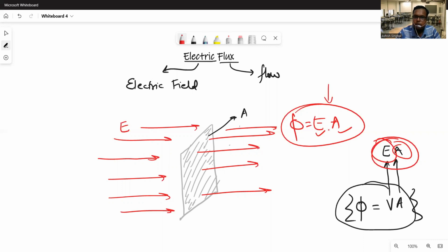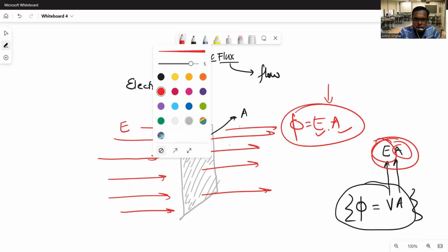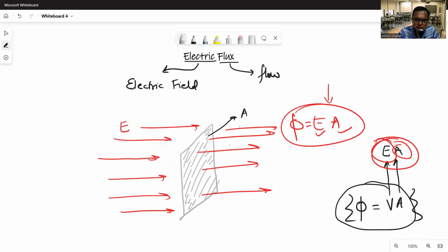Now, imagine if we do not have an area that is perpendicular to the field. This area is exactly fitting the electric field lines. Imagine if we have an area which is a little tilted to the field lines. Would the flux remain the same? Let's imagine this area to be like this.